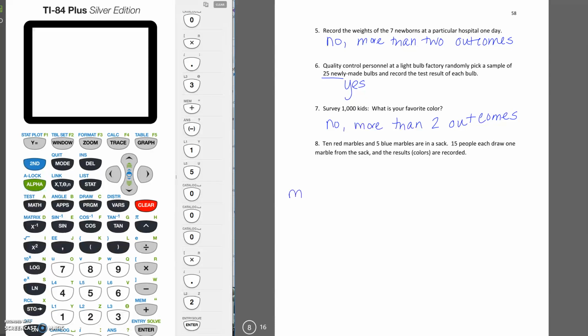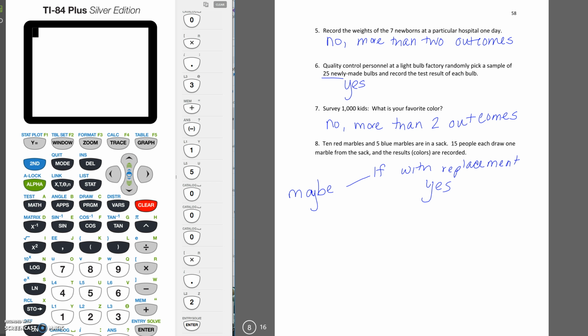So we're going to put maybe. If it's with replacement, so if they're putting the marbles back in the bag each time, then we would say yes, because then there'd be a fixed number of trials, the 15.